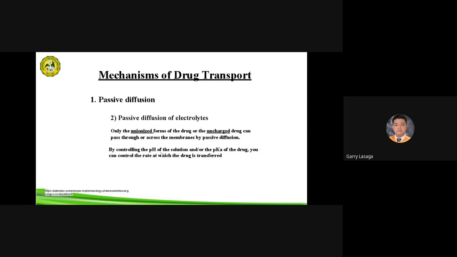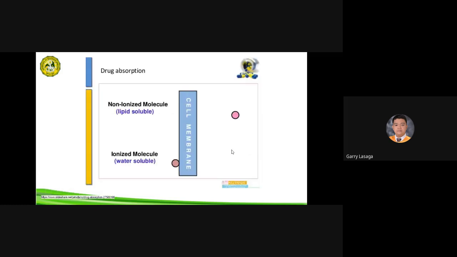So by controlling the pH of the solution and or the pKa of the drug, you can control the rate at which the drug will be transferred from one compartment to the other. So this is an example of how the non-ionized form and the ionized form of the drug or the molecule will differ according to their absorption.